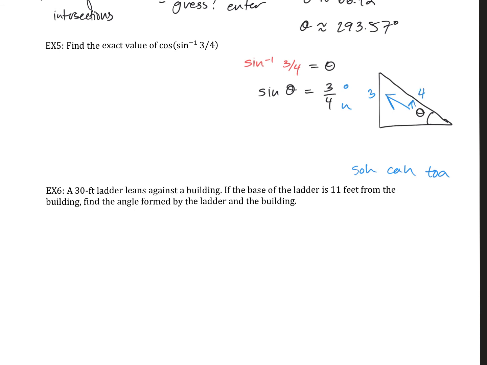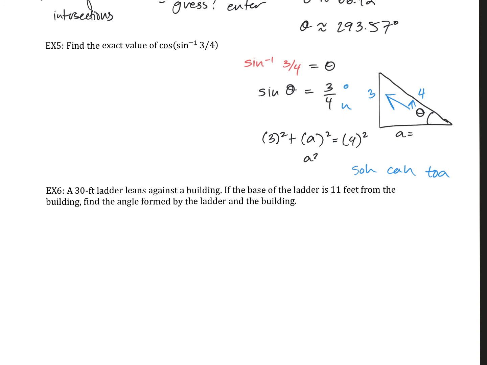Now we have to find the other side of this triangle. Let's use the Pythagorean Theorem. We know that 3 squared plus a squared equals 4 squared.